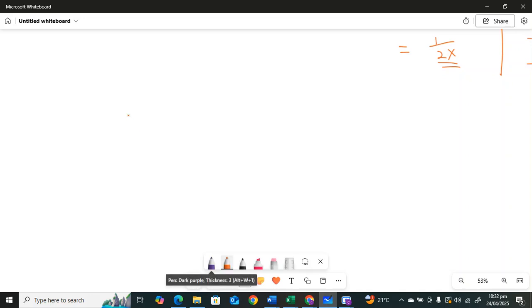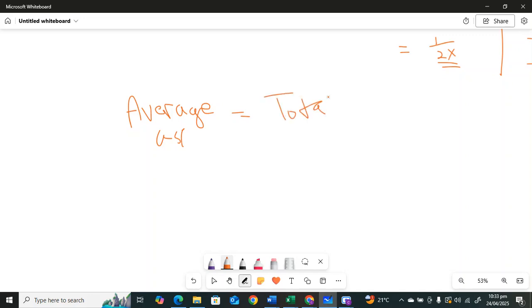So average cost is the total cost divided by the number of units. As I said, whenever you hear in economics average cost, just know that that's just the cost for each unit.